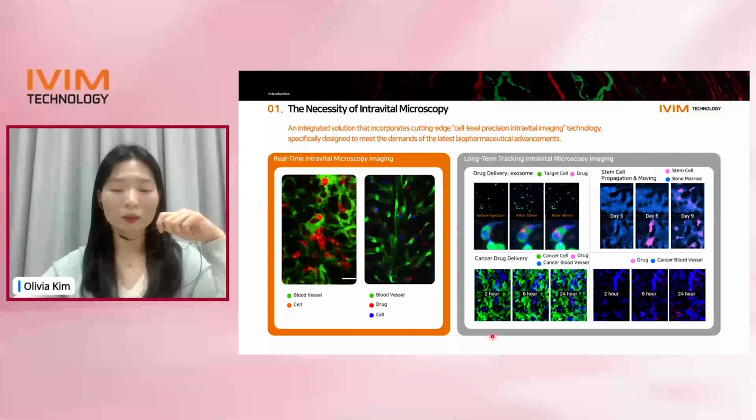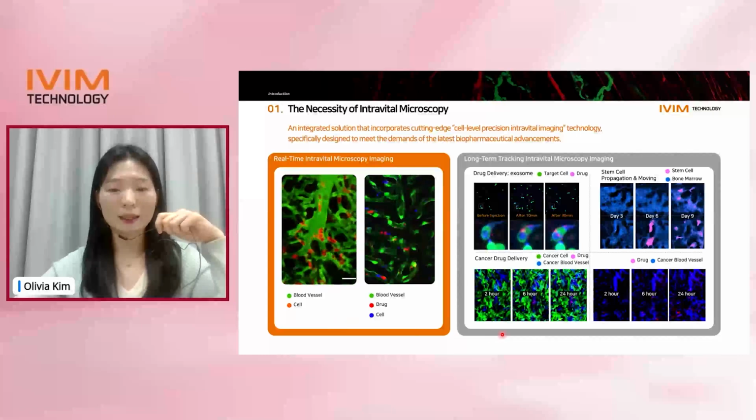On the right, we demonstrate how our imaging system can track exosomes, anti-cancer drug distribution, and transplanted cells as they move through the body. These types of cell-level observations are enabled together with fluorescent labeling strategies that allow specific targets to be visualized in vivo.